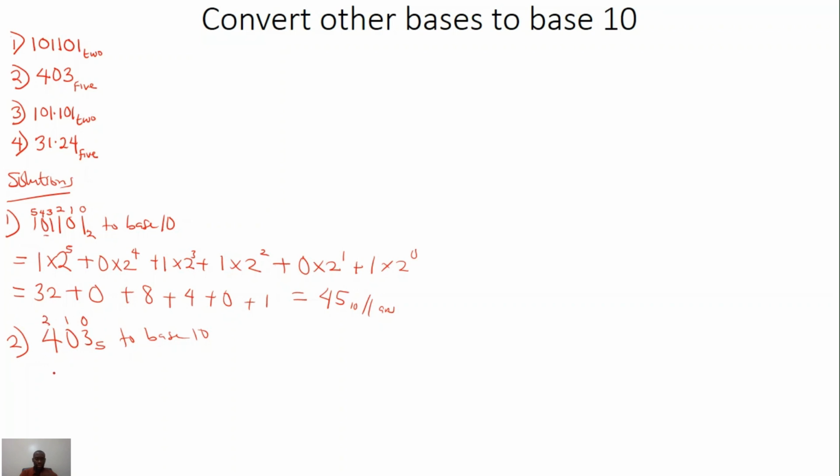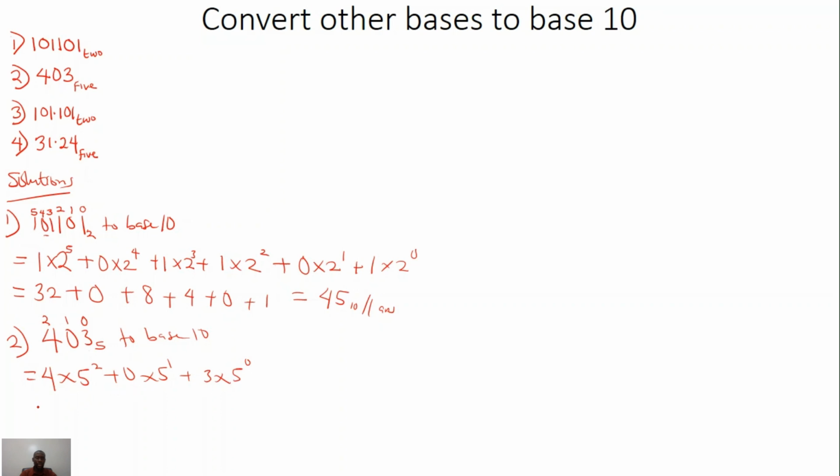Then the next step is to multiply each of the digits by the base raised to power of the number of their position. And that will give us 4 times 5 raised to power 2 plus 0 times 5 raised to power 1 plus 3 times 5 raised to power 0.